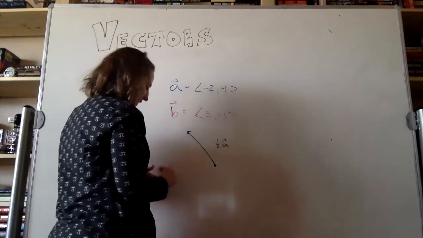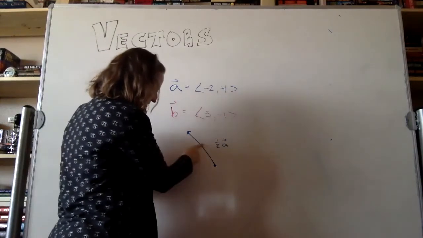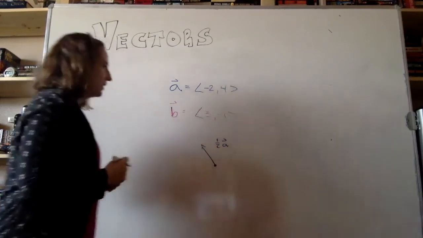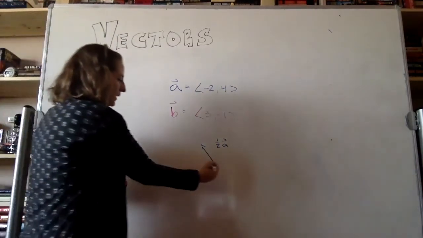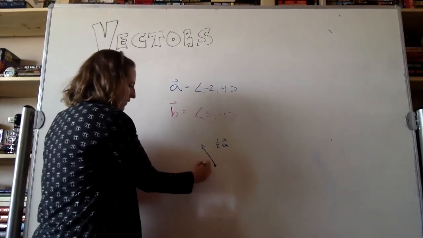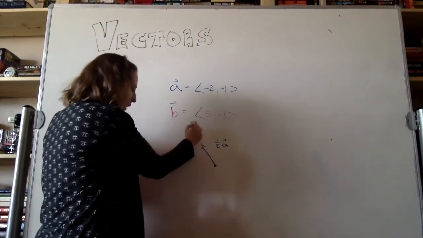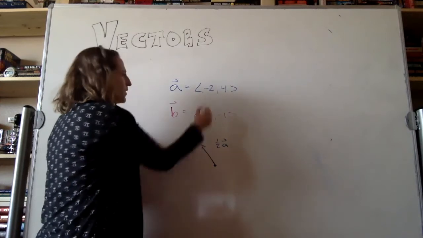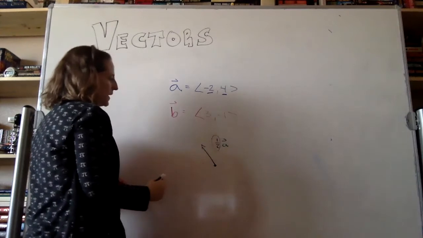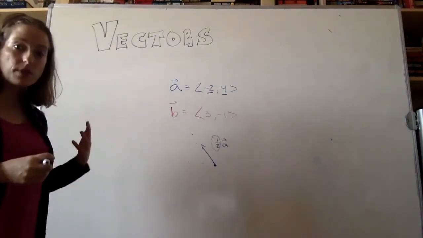Well, 1/2 of A would mean I would just take 1/2 of this vector. But that means that instead of going left 2, I'm going to go left 1, and instead of going up 4, I'm going to go up 2. In other words, I'm scaling each component by the scalar. So you can almost think of this as a distributive property.